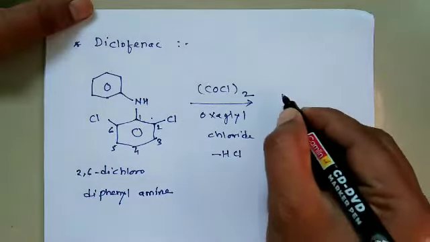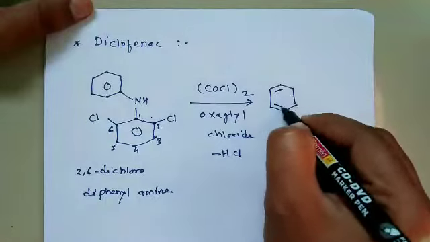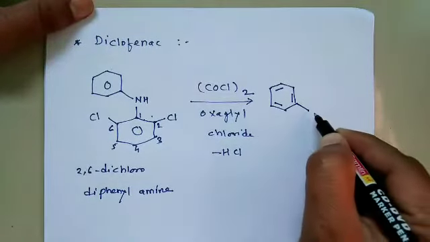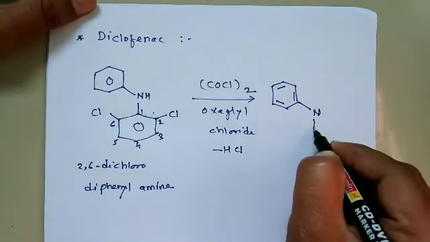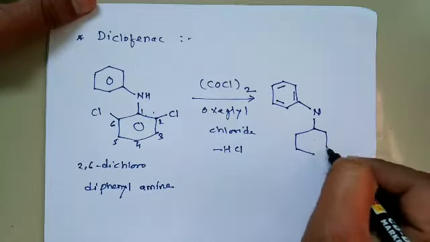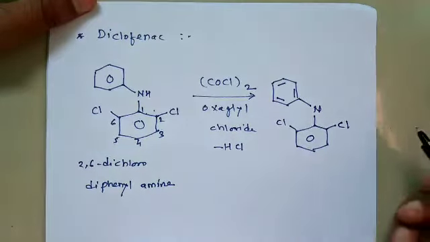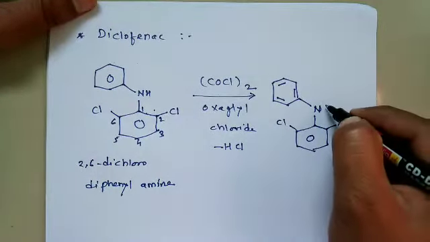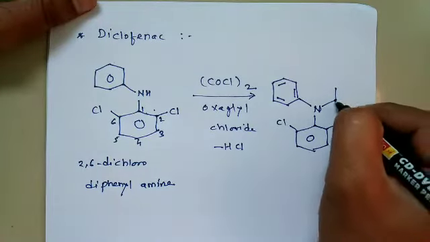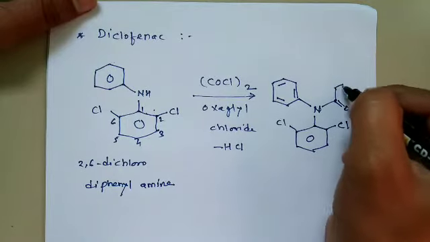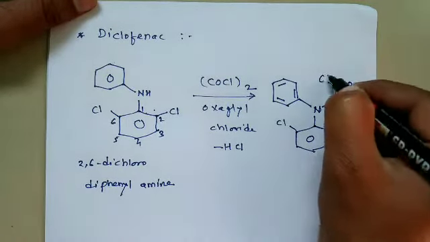Okay, so how to write the intermediate? Benzene ring is attached with nitrogen, and the nitrogen is again further bonded with a benzene ring, and the 2 and 6 positions have a chloro group. Then this nitrogen is again bonded with C double bond O and Cl.